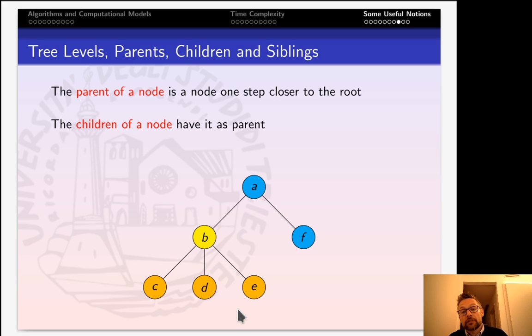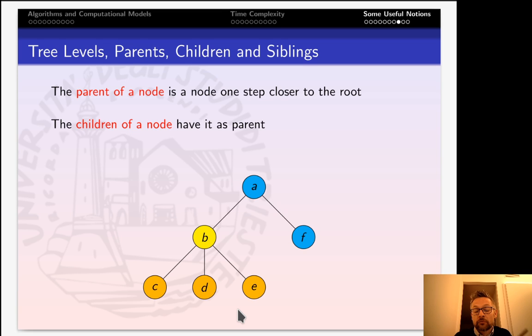Symmetrically, once we have identified the notion of parent of a node, we can also identify the notion of children of a node. So what are the children of a node? The children of a node are those nodes which are connected to the node we are dealing with and whose depth is the depth of the node plus 1.